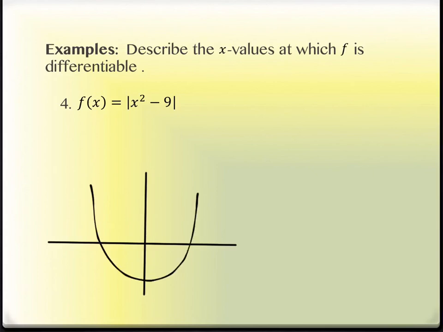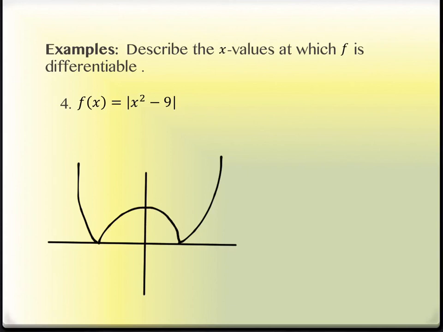Agreed? Okay, so what happens when you do the absolute value is everything on the bottom has to flip up to the top. So you end up with a graph that looks instead like a parabola on the edges. This isn't perfectly symmetric, but it flips up in the middle. The bottom part flips up. And your calculator can graph that for you too.